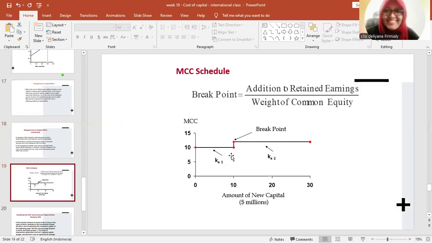You can see right here how exactly to calculate the breakpoint. It is the addition to retained earnings that is required, divided by the weight of common equity. If the financing exceeds this breakpoint, then the cost of capital will be slightly increased.